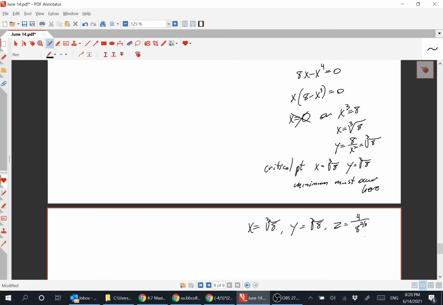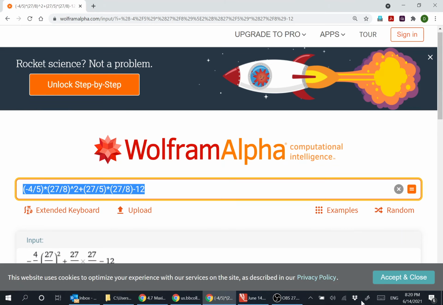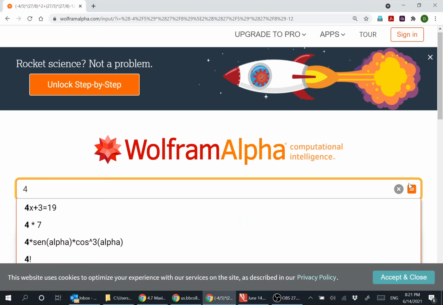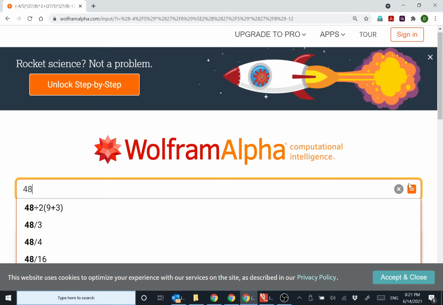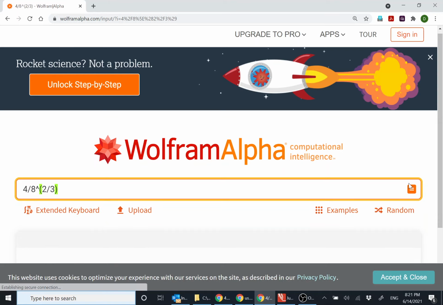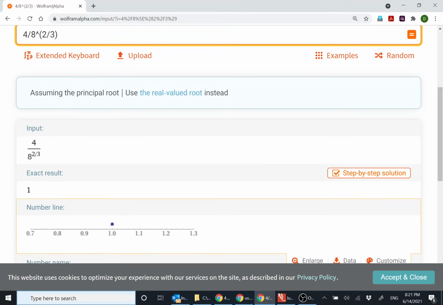So what is that? Eight to the 2/3. Right, the cube root of 8 is 2, squared is 4. 4 over 4 is 1. z is equal to 1, right?